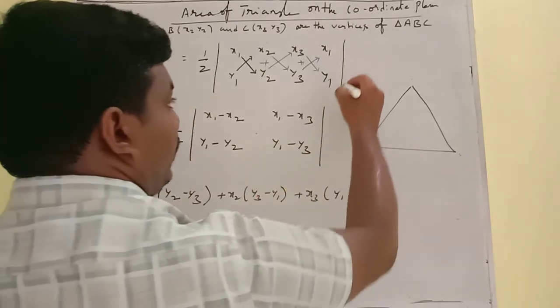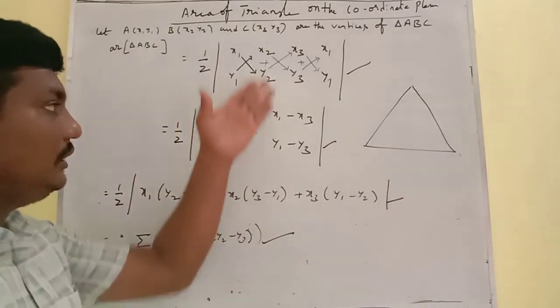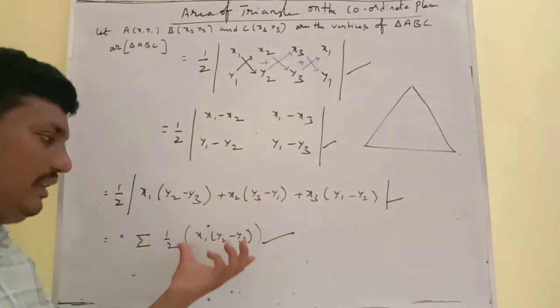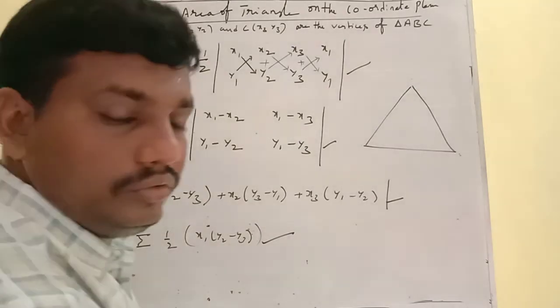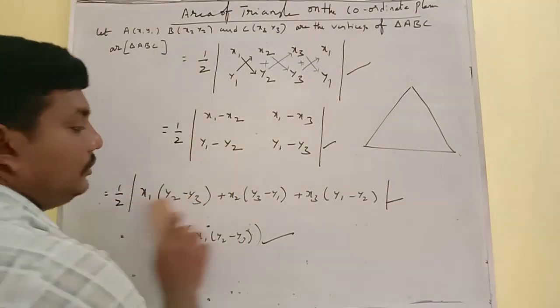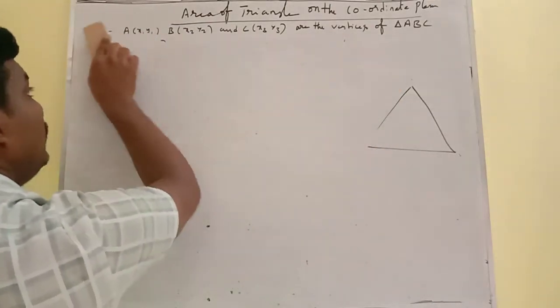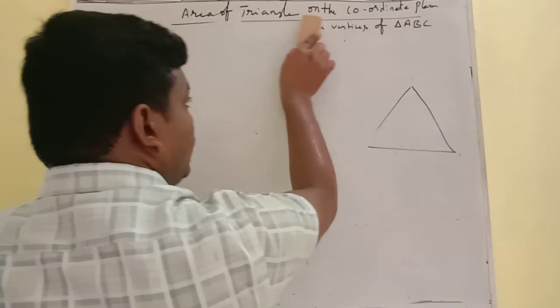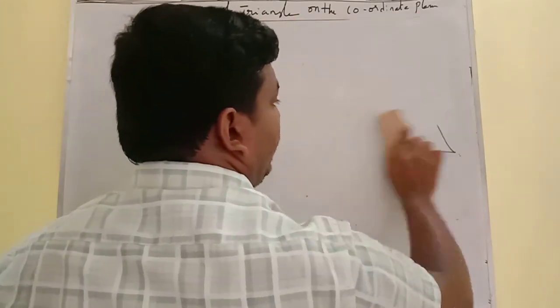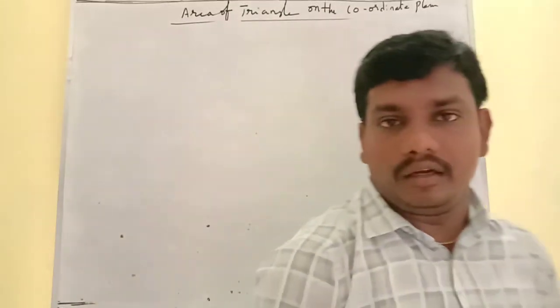So the area of triangle formula is this one or this one or this one. We are going to use these three formulas, and the short form is this formula. Now we are going to find the area of a triangle with an example, and after that we will see the applications.